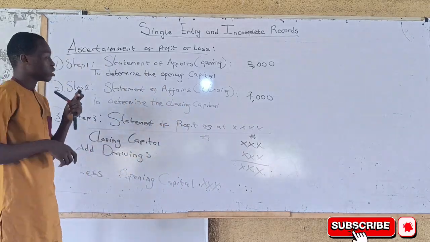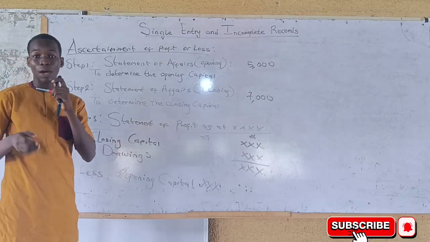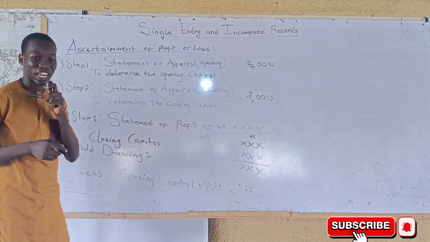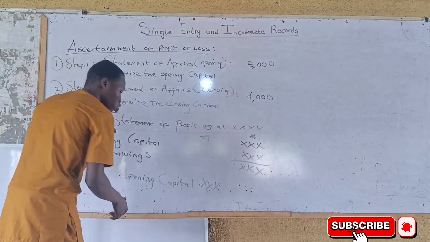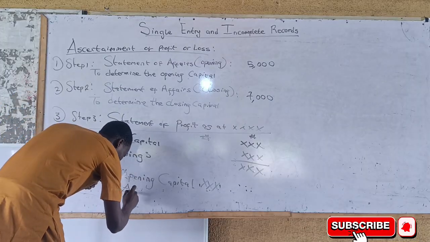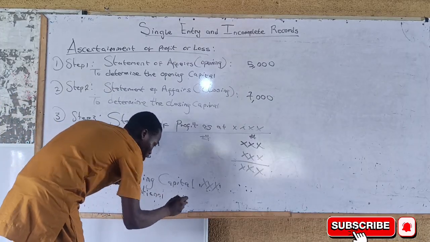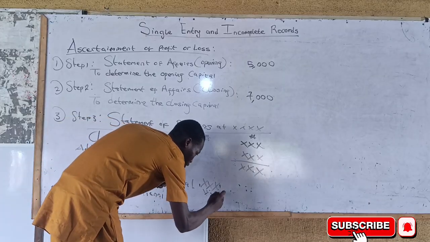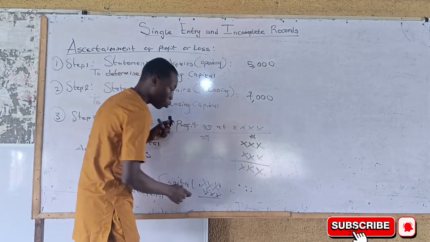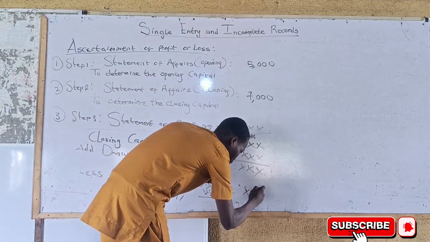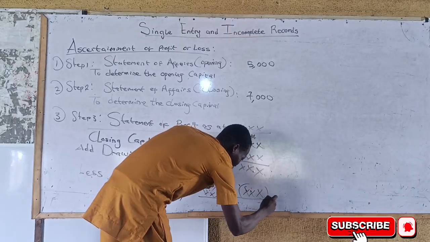And also, during the year, you may add to your capital, and that is called additional capital. You are going to add that to your opening capital. The sum of these two will move to this side. Then you can see that I bracket it.